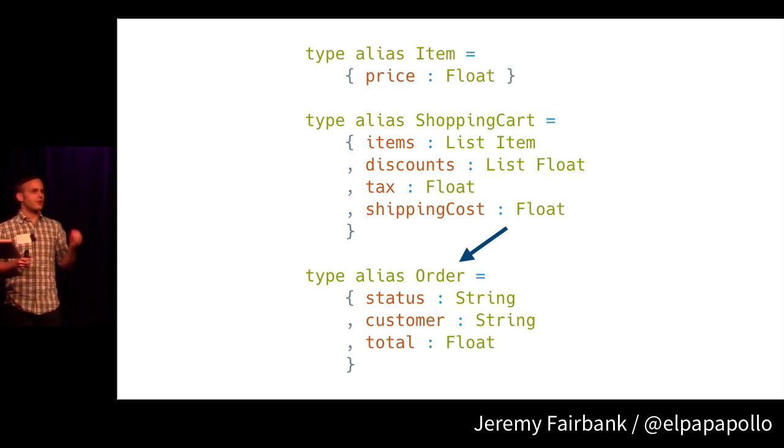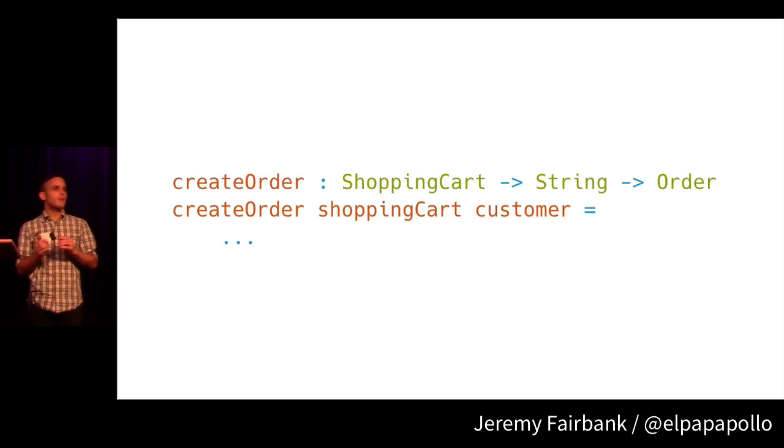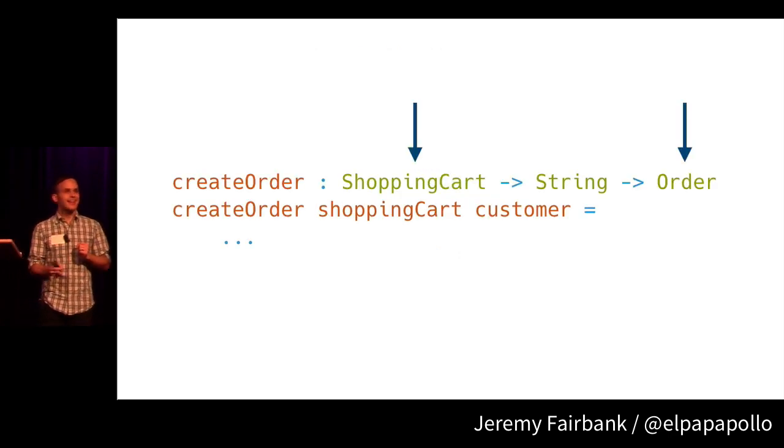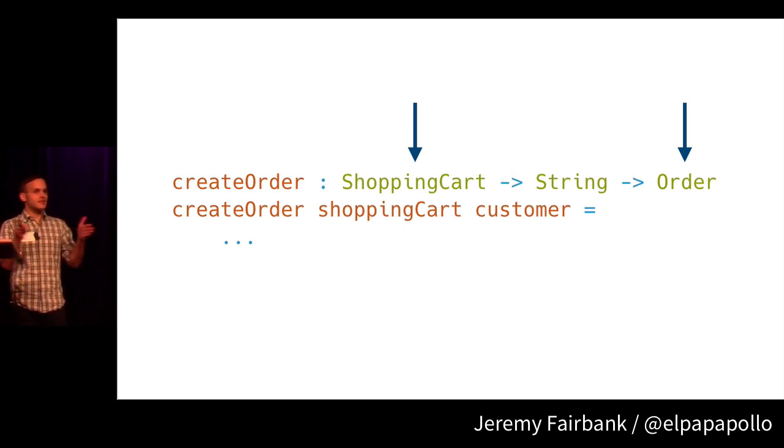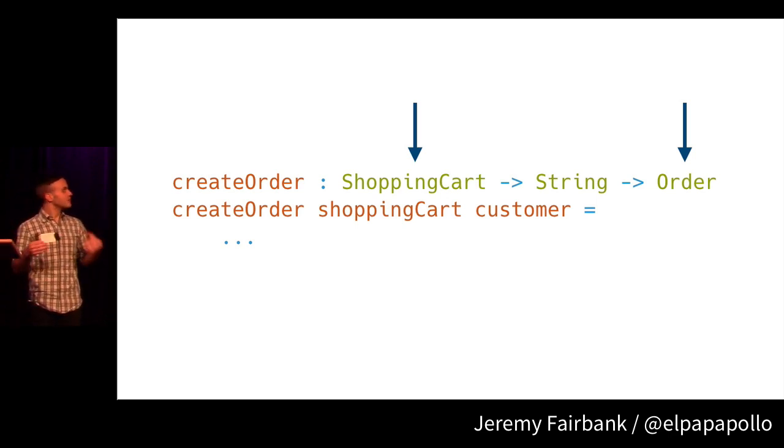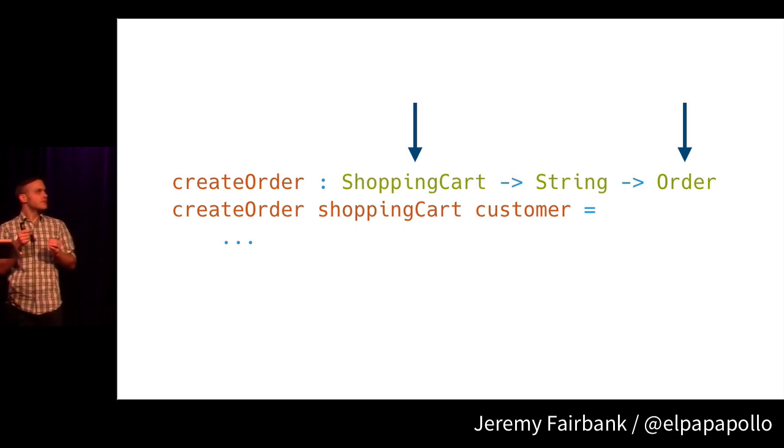But what's nice about going through all these steps of creating these type aliases is that now back in my create order function, I can refer to those types. So now this code makes sense within my business domain. If I'm reading the code base, I can see, oh, create order takes a shopping cart. That's a specific type of thing within my application. And it returns an order. So this becomes better documenting code within your domain.